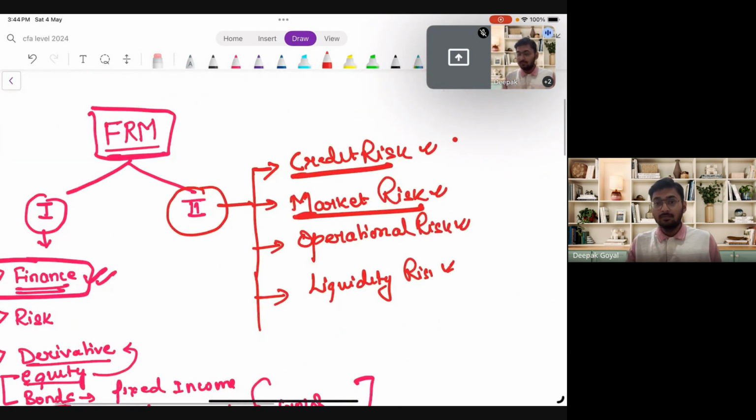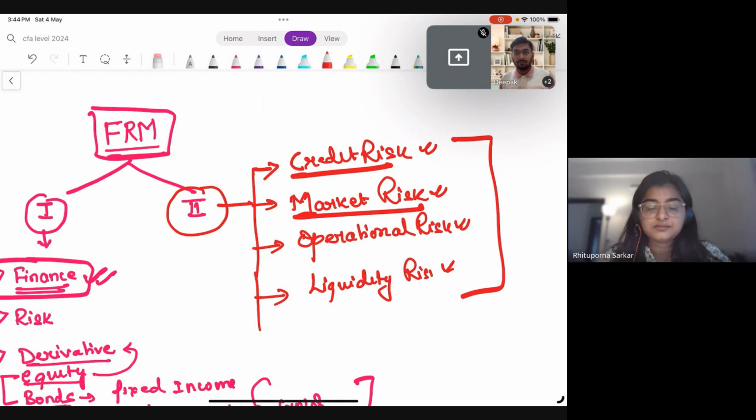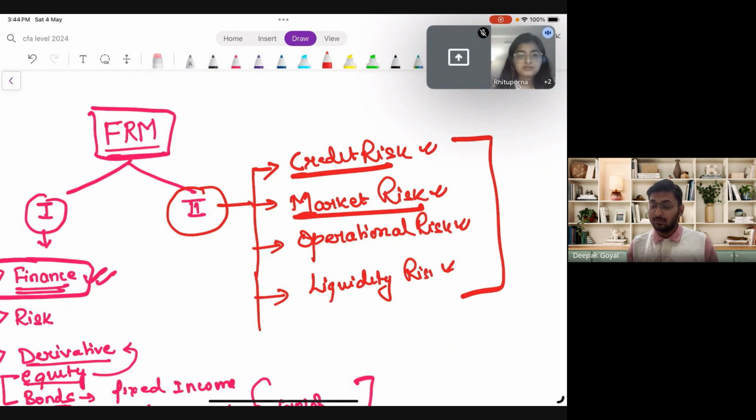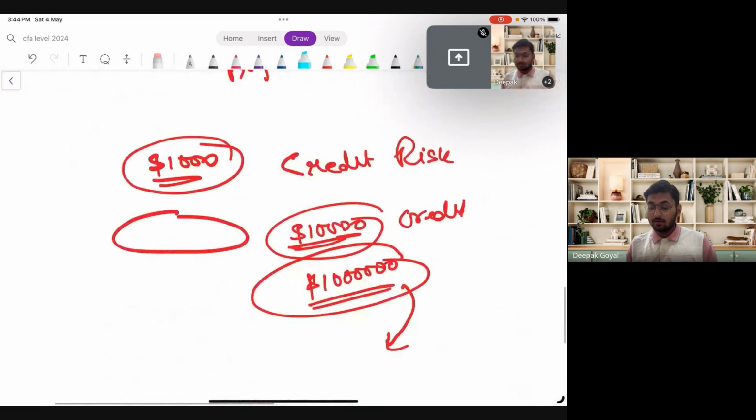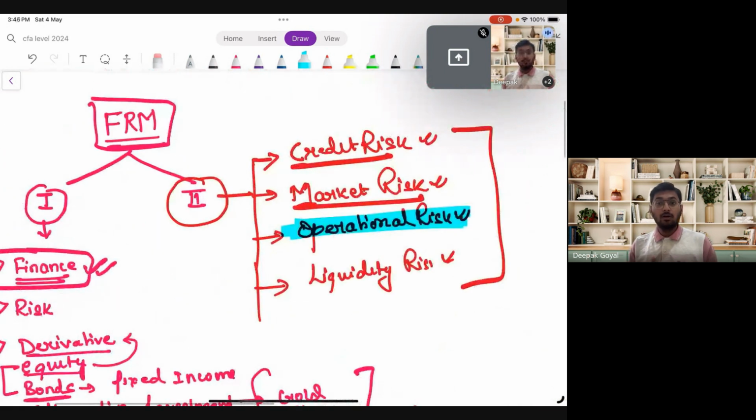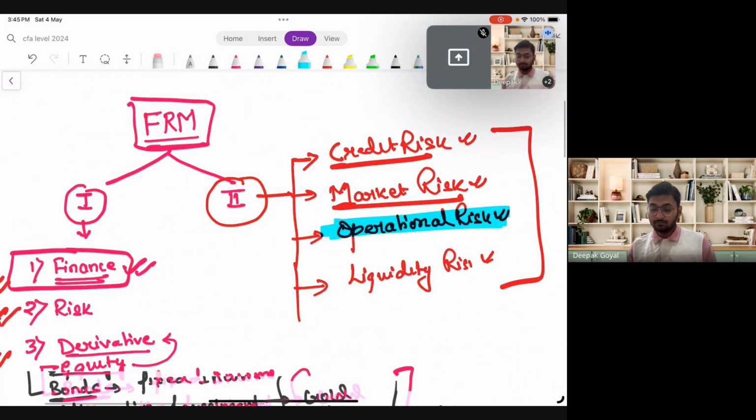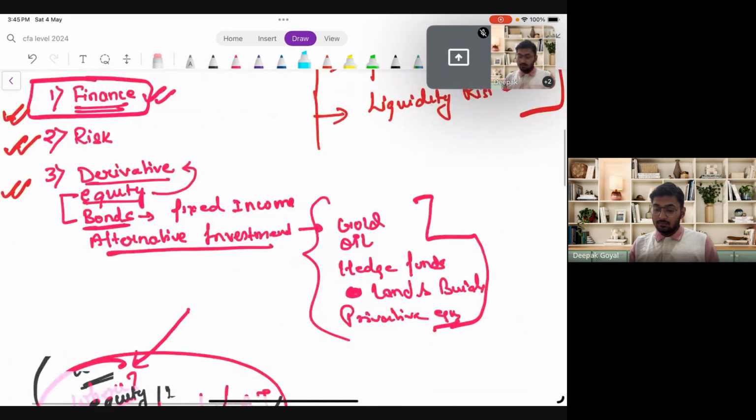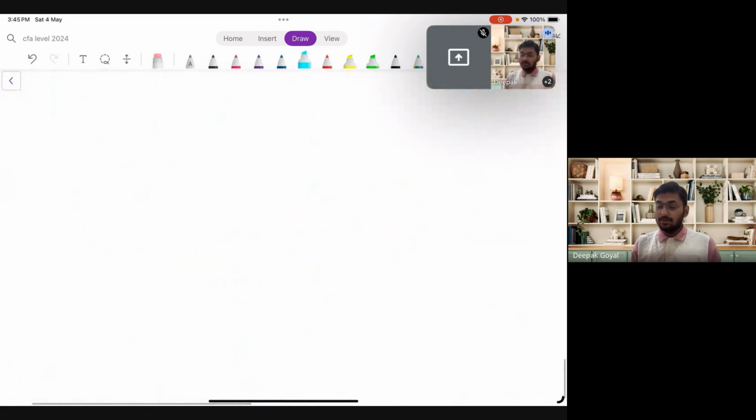Can you tell me, Ritu? Which one among the 4? Operational. No, because it's part of the operations. Got it? So like this, you are going to study multiple forms of risk, their management, and ways in which you can reduce it. Clear?